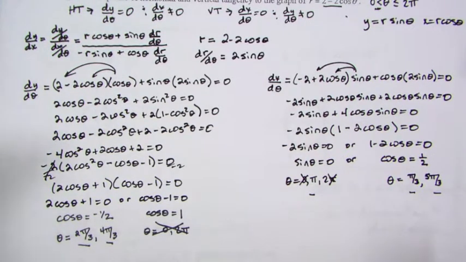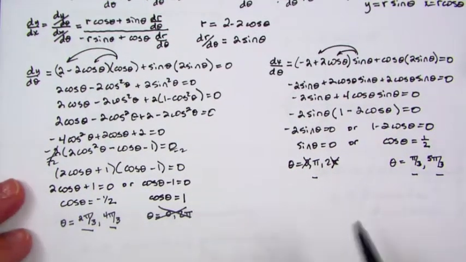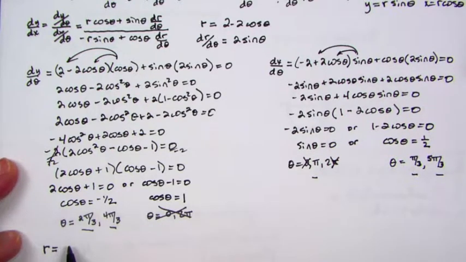And then clearly it asks you for the points, so I guess technically we would need to go back and figure out what r is. I don't know if I'll do that for all of them, but r would be equal to, in this particular case, 2 minus 2 cosine 2 pi thirds.